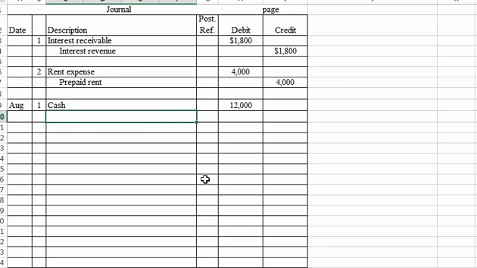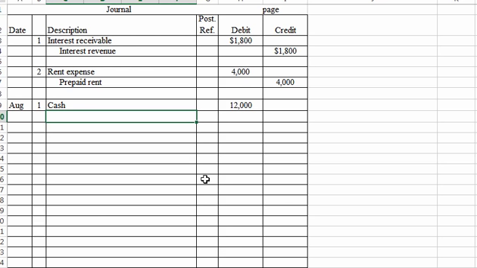But instead of crediting the liability account deferred rent revenue, and it creates a liability for us even though we received cash because we haven't earned that yet, right? We can't call it rent revenue until it's been earned. They paid the $12,000 in advance. So it creates a liability for us. We either have to let them occupy that space in our factory or return their cash to them.